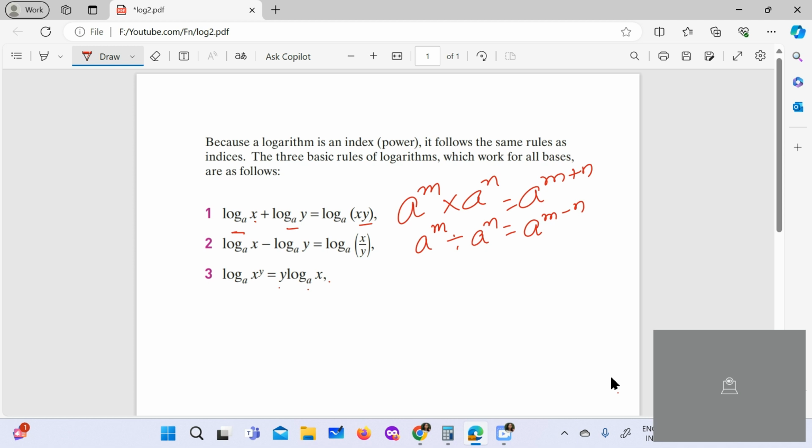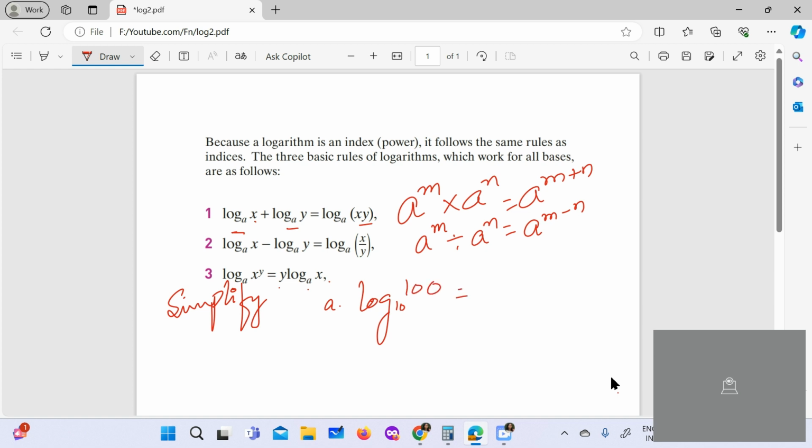Okay, now we will look at some basic problems based on this. Let's say your question is: simplify log base 10 of 100. This is easy for you, right?